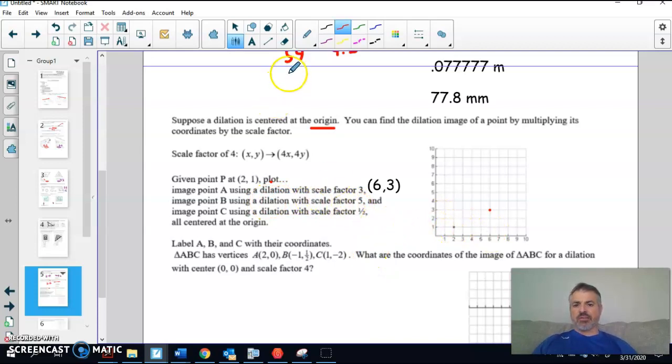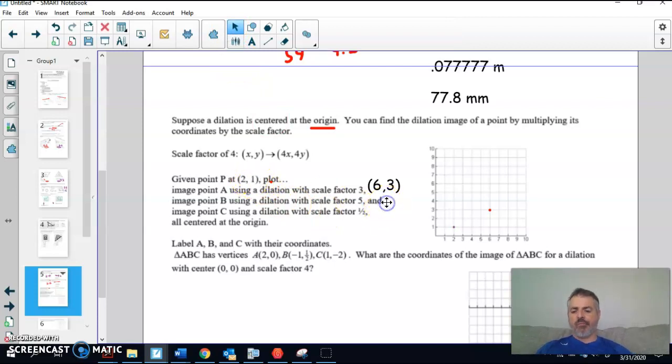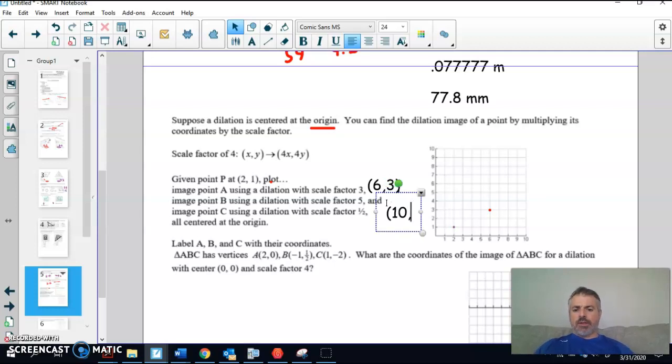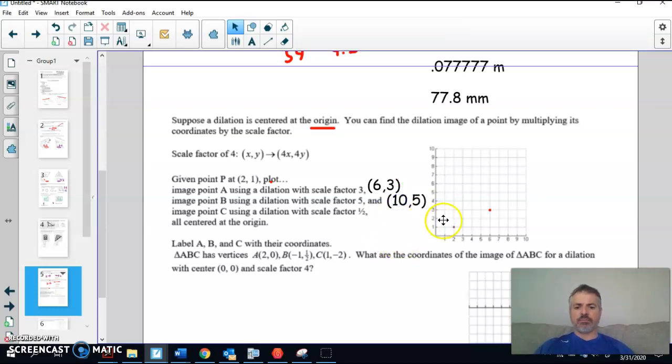Then it wants a scale factor of 5. So 5 times 2 is 10, and 1 times 5 is 5. That means point B will be at 10, 5. I'll graph that in blue. So that'll show up right here.